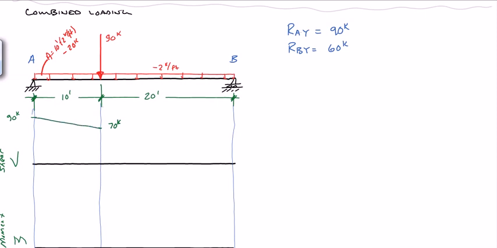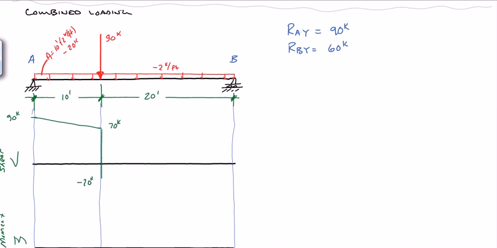And then we get an abrupt drop in shear due to this 90 kip point load. So we're going to go down 90, and 70 minus 90 takes us down to minus 20 kips.